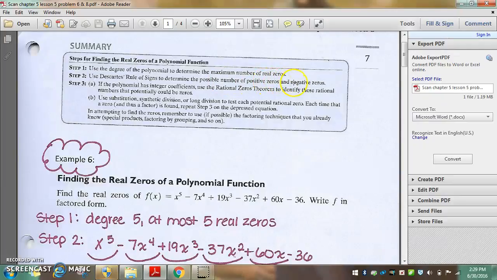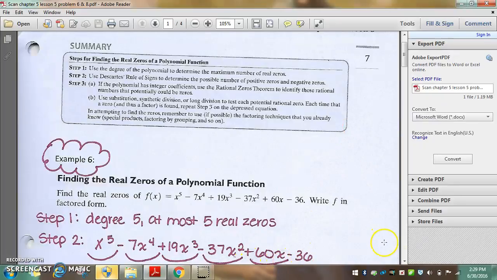So to find the positive zeros, remember we use our original function, and we look for the sign changes. So we have a sign change here from positive to negative, 1, negative to positive, 2, 3, 4, 5.